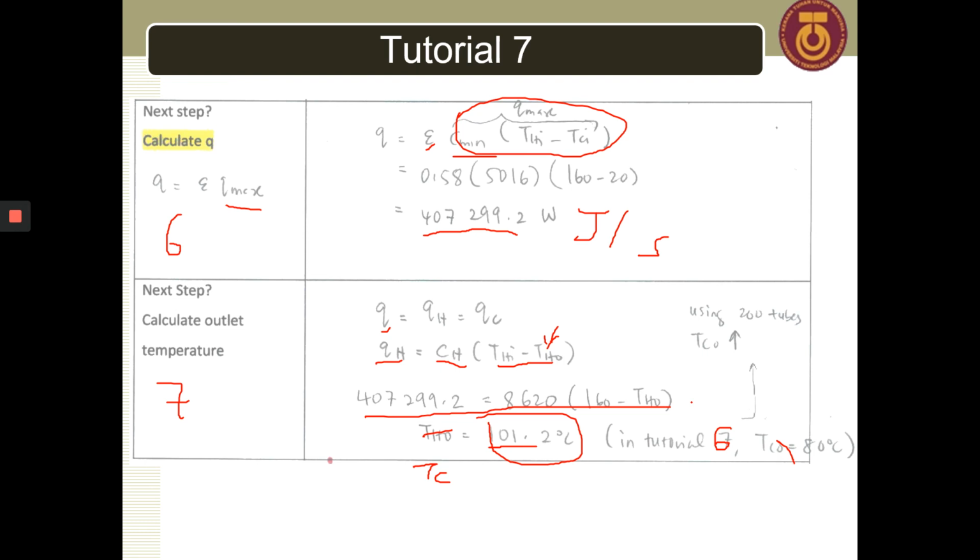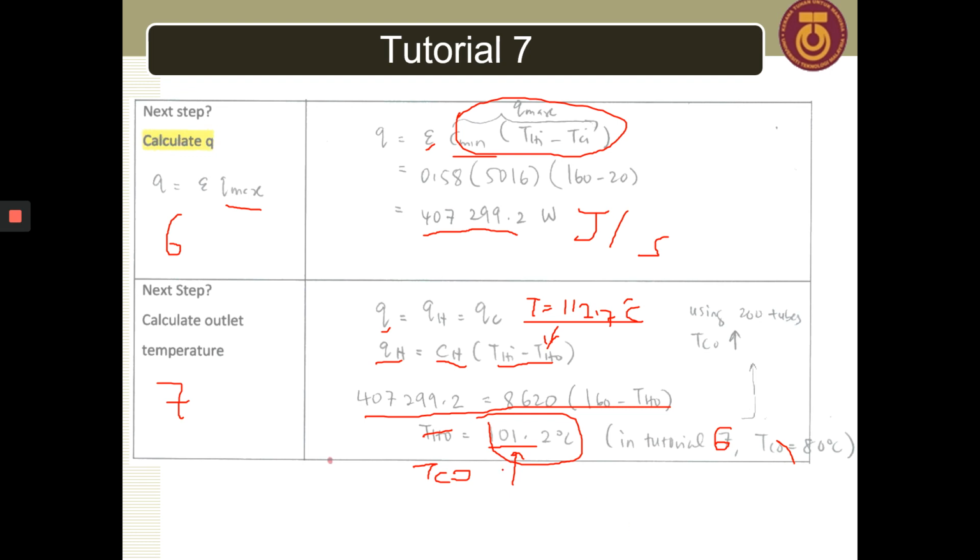So 299.2 divided by 8620, then 160 minus the answer. So THout, if I recalculate, is actually 112.7 degrees Celsius. But TCout is actually 101.2.